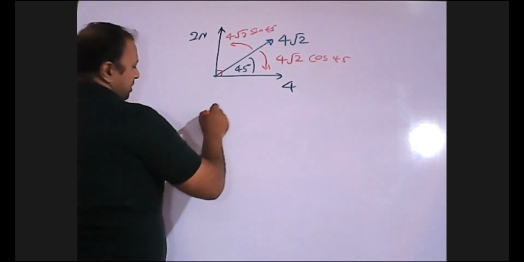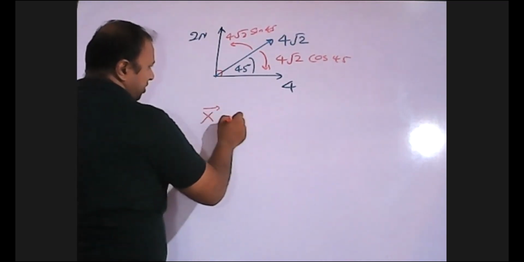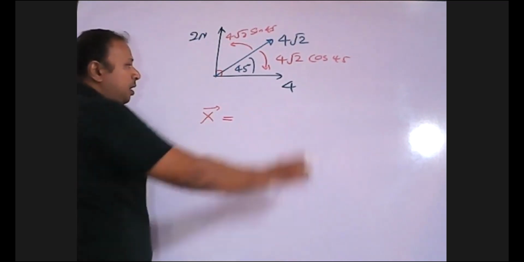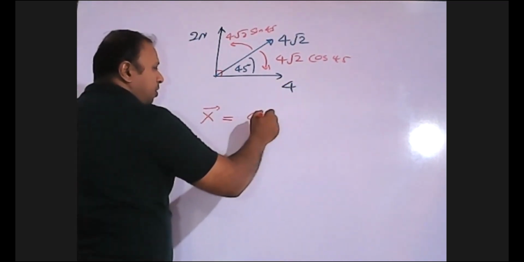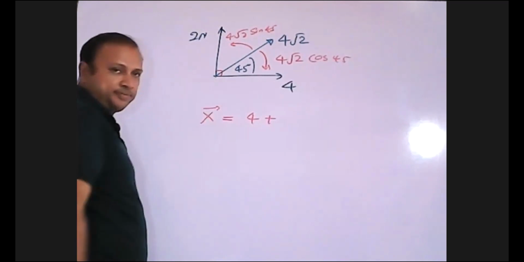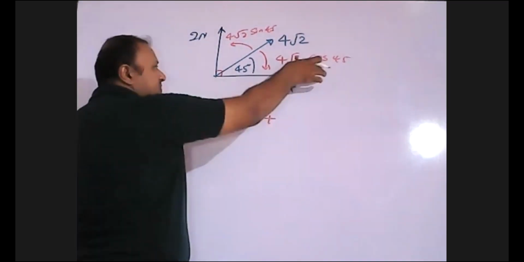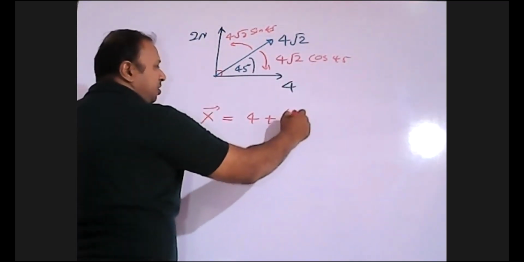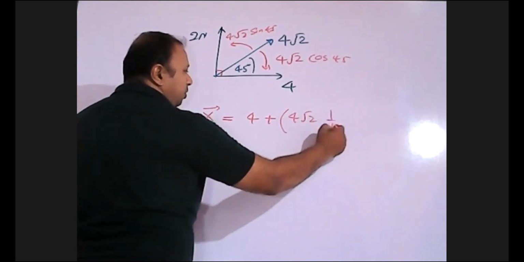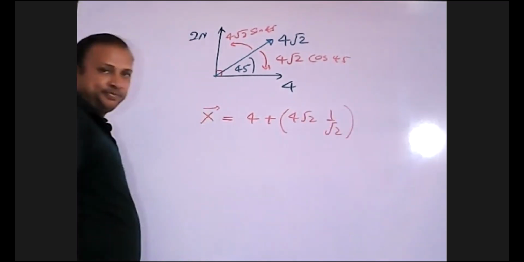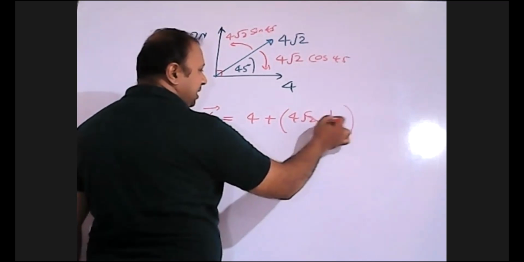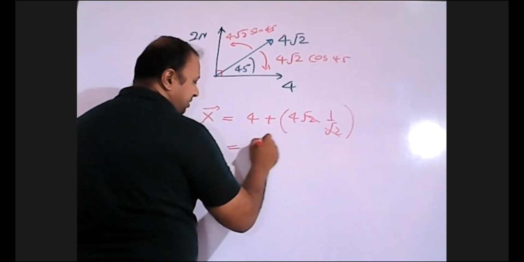Therefore, the force in the x direction is equal to 4 plus this force. What is this force? 4 into root 2 into 1 over root 2. Root 2 will be cancelled out. It will be 8 Newton.